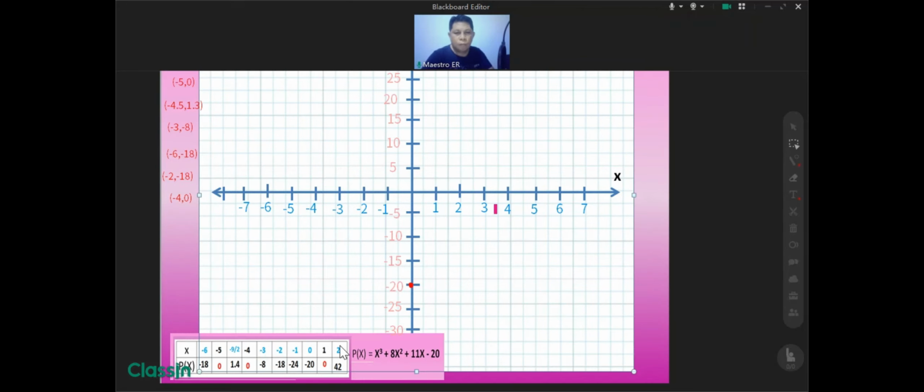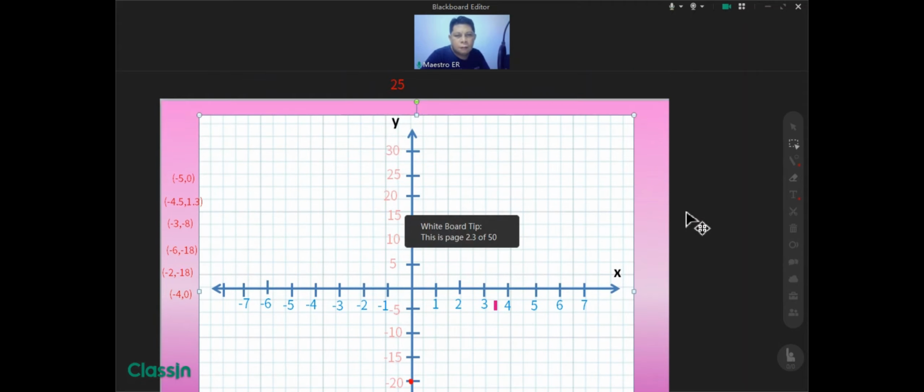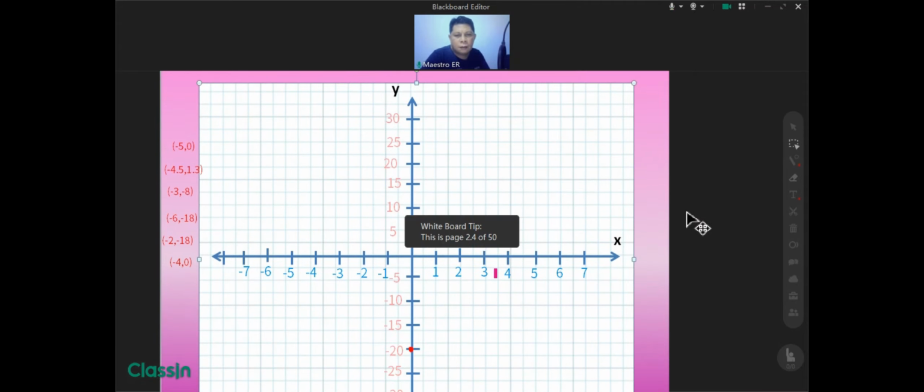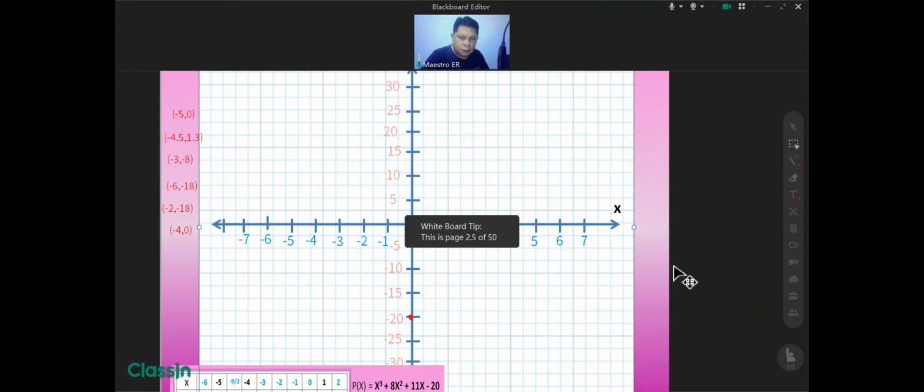Okay, so we have now this prepared Cartesian coordinate plane. So we have the y-axis and the x-axis, where the x-axis is assigned by 1 to its numbered line, and the y-axis assigned by 5 to its numbered line.